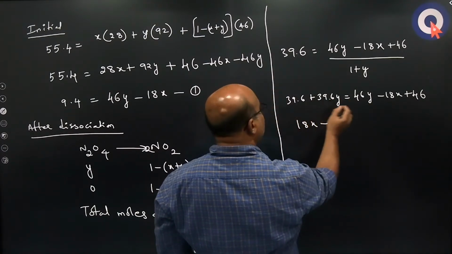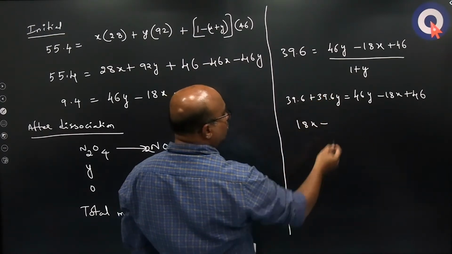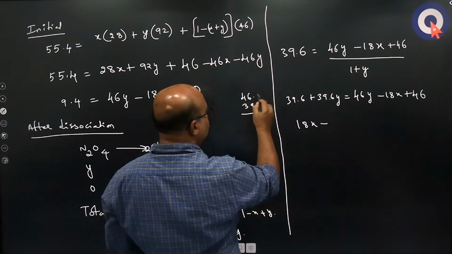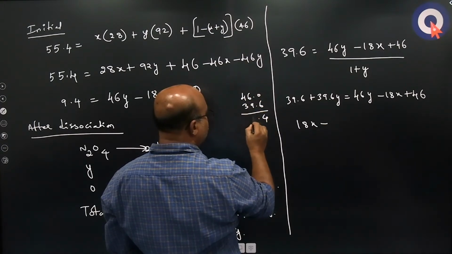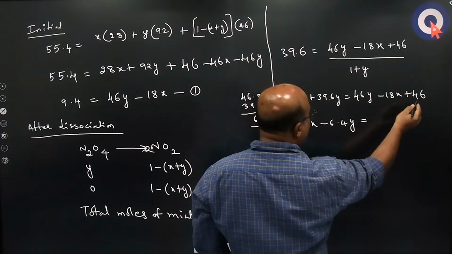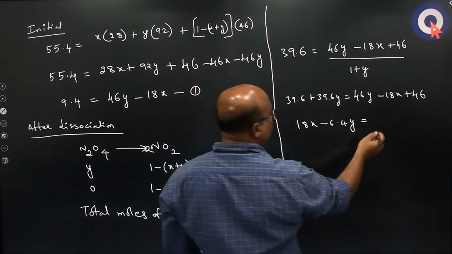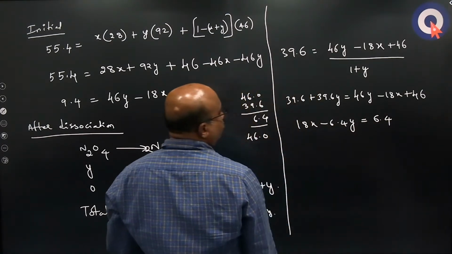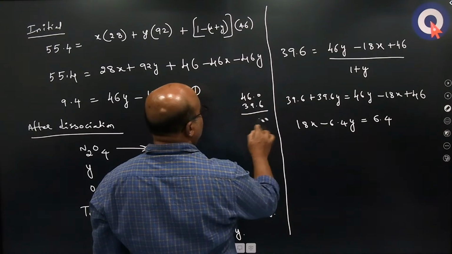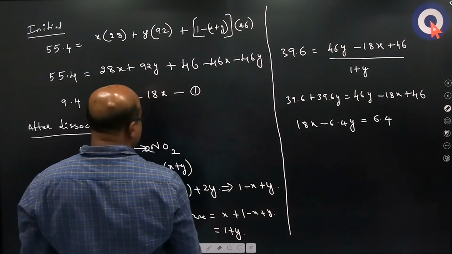So this is 46y minus 39.6y, which is 6.4y, equal to 46 minus 39.6, so 6.4 same. Okay. So this is equation 2. So we got two relations here, two equations here.